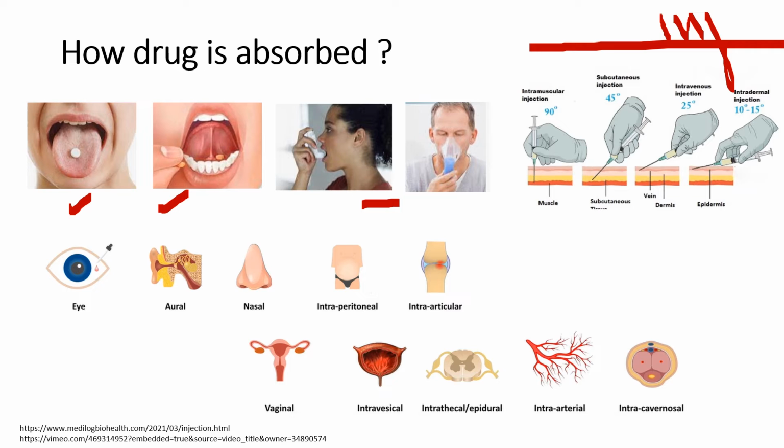So these are some of the routes by which a drug is absorbed. You can follow your textbook to get examples of the drugs used through each route.